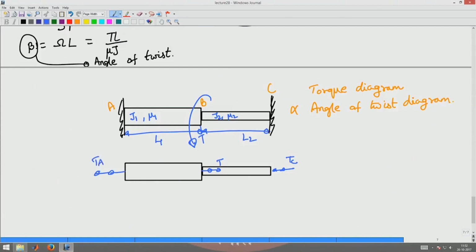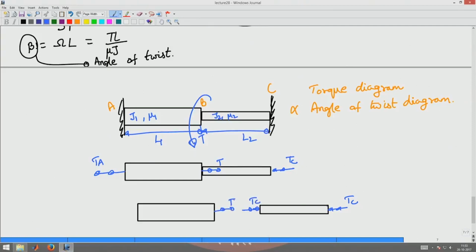Okay. Further separating out these blocks, I will have Tc acting here. To maintain equilibrium there will be a Tc acting like this, and here there is a T and a Tc opposing that, because Tc has to equilibrate there, and then there will be a Ta acting like this. Okay.